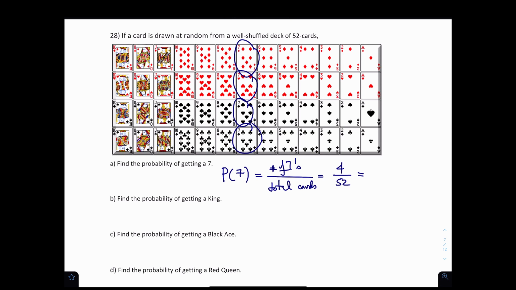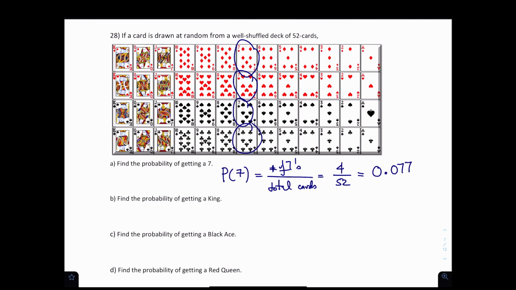So the answer is 4 over 52. But in this course for module 3, for probability, we are going to use 3 decimal places. So if I do 4 divided by 52 and round it to 3 decimal places, I get 0.077. And that will be the answer you will put on your test, or you'll select as a multiple choice response.